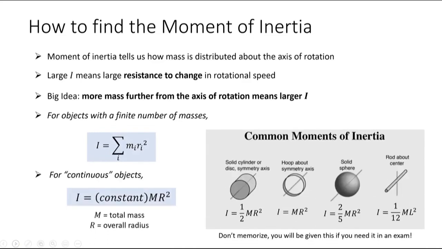If instead we have continuous objects where it's harder to think about breaking our objects up into little bits of mass, then it turns out that there are well-defined relationships for the moment of inertia. So in general, they take the form I is equal to some constant multiplied by the total mass of your object m times the total radius of your object squared. So I have a few examples over here, which I will mention.